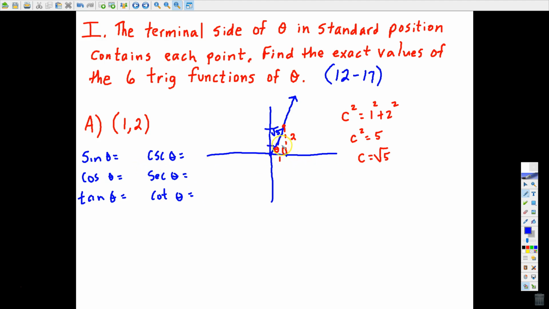Sine, again, we're looking out from theta's point of view, this angle that I've identified here near the origin. Sine is opposite over hypotenuse. So I'm going to start it over here because we're going to have to rationalize. Opposite, which is 2, over hypotenuse, which is square root of 5, and always rationalize.